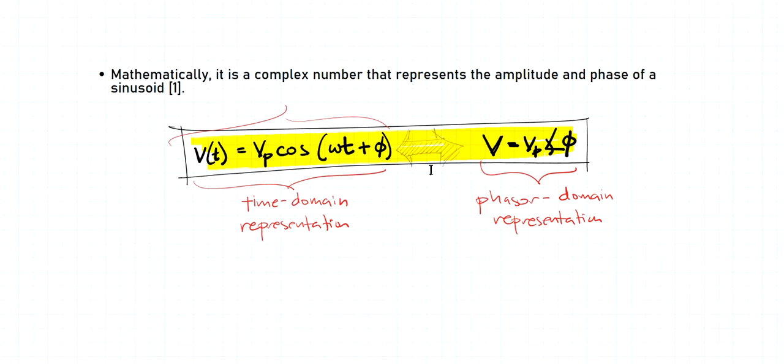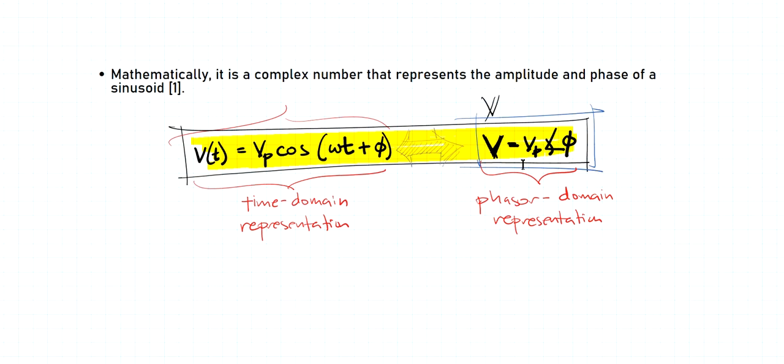Then if we want to transform this into a phasor, the mathematical expression would be something like this. So the V, I've written with a mark like this, just to indicate a phasor, but sometimes I may not write these additional lines. Okay, so for now, that's the phasor.